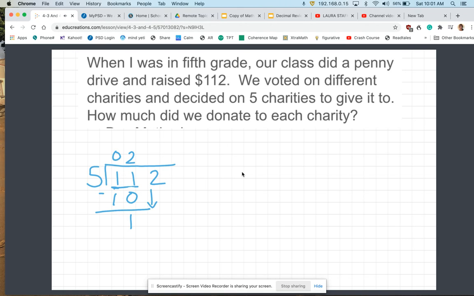I'm going to bring down my 2. 5 goes into 12 2 times. 5 times 2 is 10, and I have a remainder of 2. Or I could say 2 2/5, because this is what's left over, 2 out of the 5. Since we haven't really talked about that, I'm going to call it a remainder 2. So how much did we donate to each charity? We donated $22 with a remainder of $2.